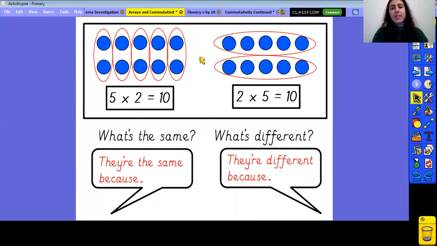So arrays help to show us that multiplication is commutative. And what that means is that these 2 numbers here, my factors on either side of my multiplication sign, can be in any order and I will still get the same answer. Okay, so multiplication is commutative and we can use arrays to show that.